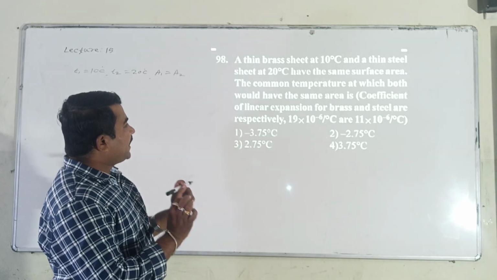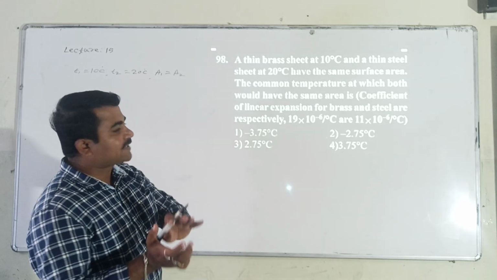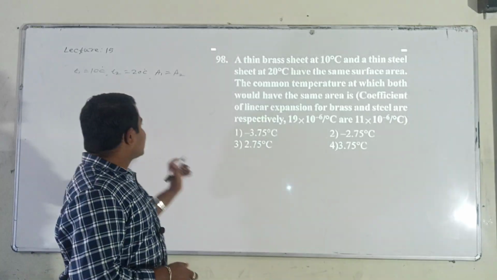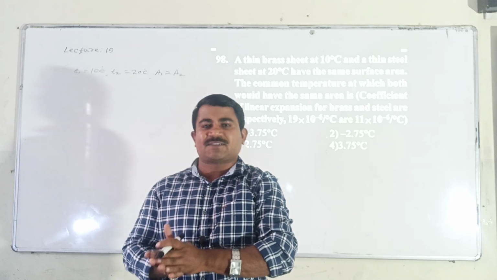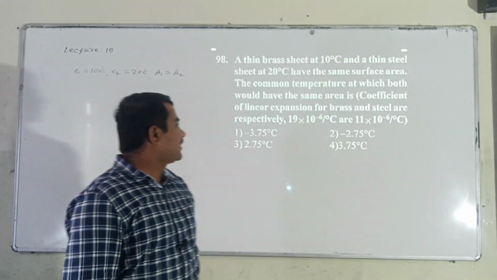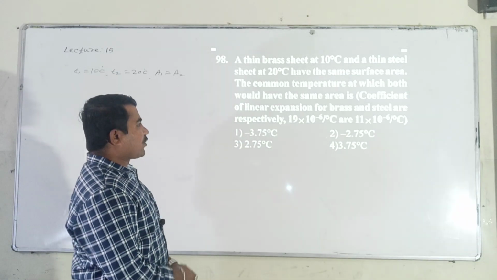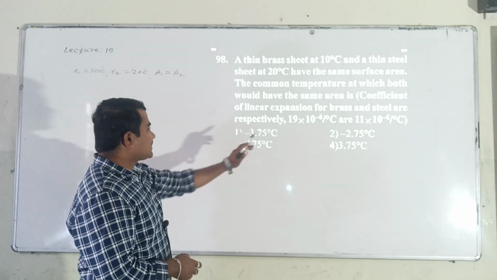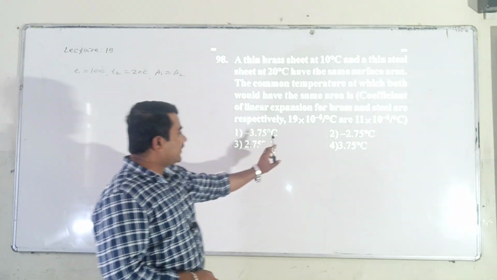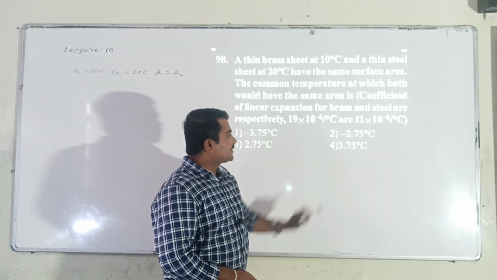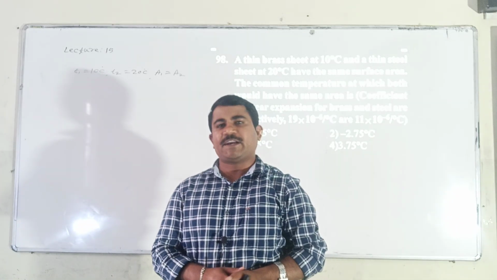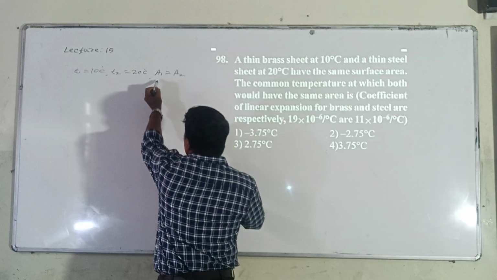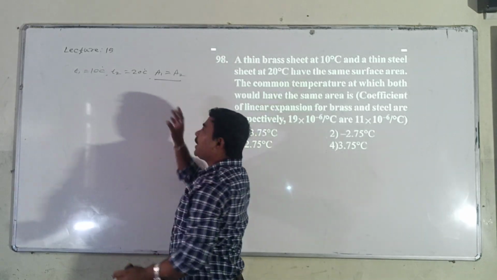The question is: the common temperature at which both would have the same area. I mean, he has given this condition: at what common temperature must both brass and steel have the same area? What are the given values? The coefficients of expansion of brass and steel are given respectively as 19 into 10 raised to minus 6 and 11 into 10 raised to minus 6 per degree Celsius. Right? At what common temperature are both areas equal?